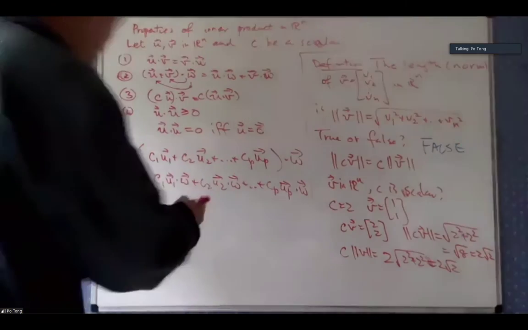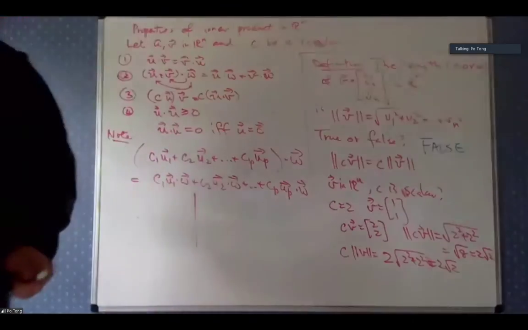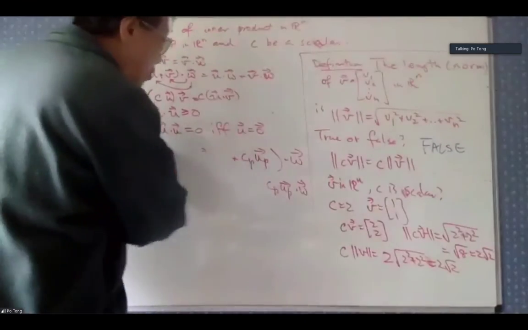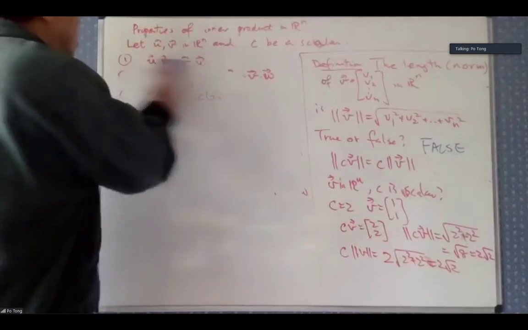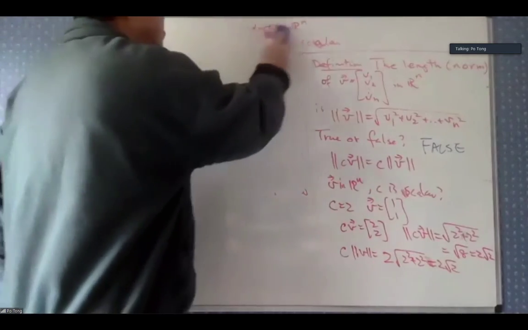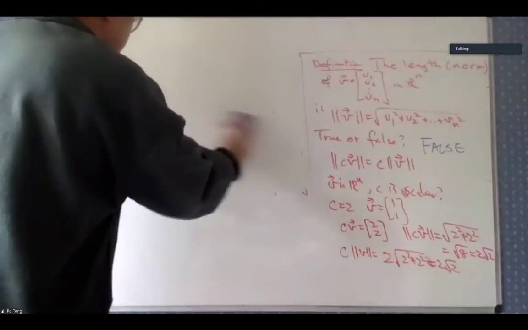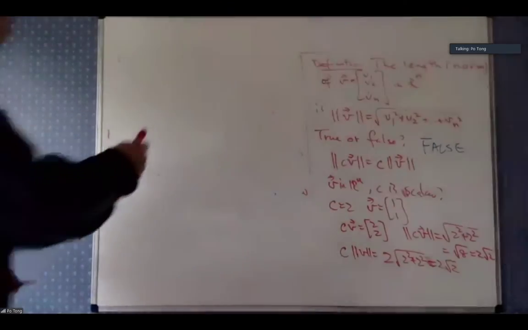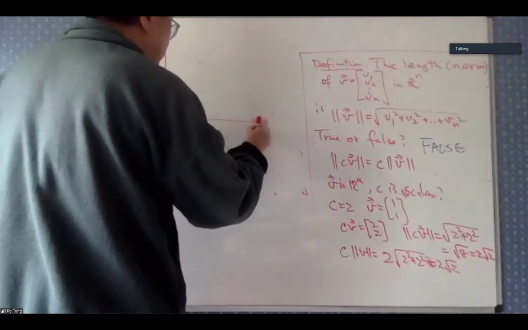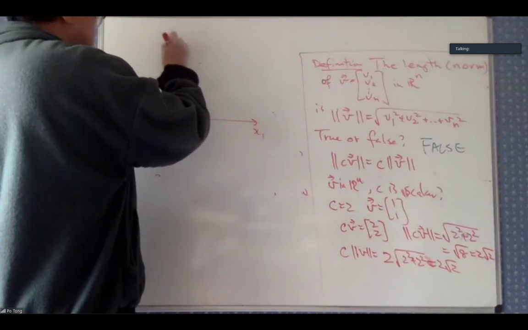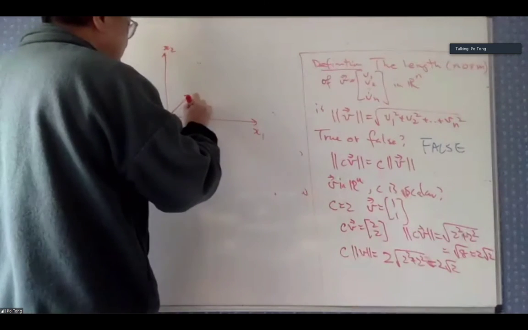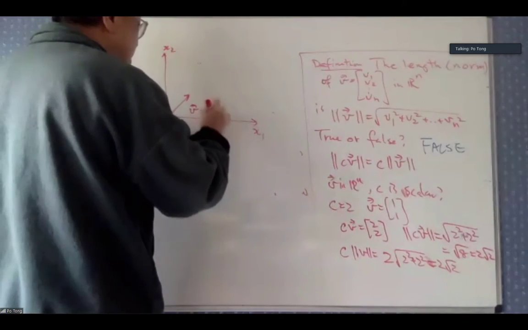You can think of this geometrically in terms of a picture. So this is your v, which is 1, 1.